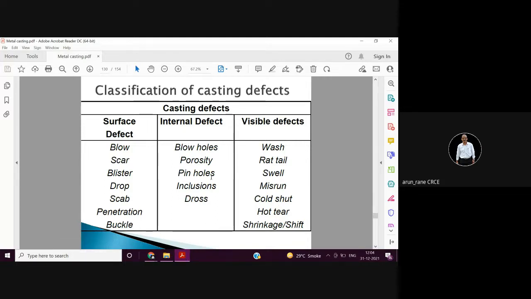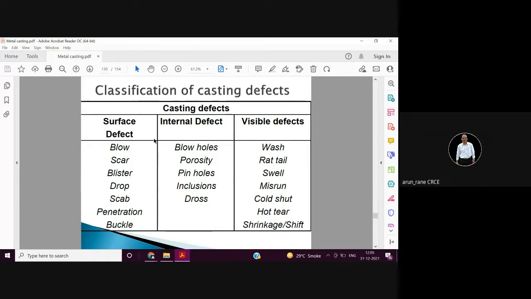Internal defects are dangerous because surface and visible defects we can see. Internal defects we cannot see. So you will come to know only when the product is in use, and then directly that will lead to the failure because of the blowholes, porosity, pinholes.